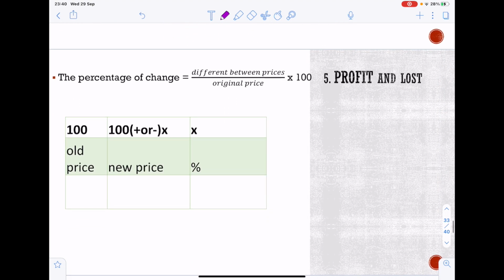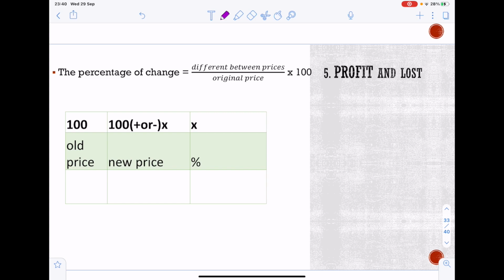Okay. Now the profit and the loss. Some questions will also ask about the profit and the loss, and I recommend you just use this table to find out the profit or the loss. Okay, you can just put 100, and here the old price. And then if you have a profit, you add the percentage to the 100 to get the new price.